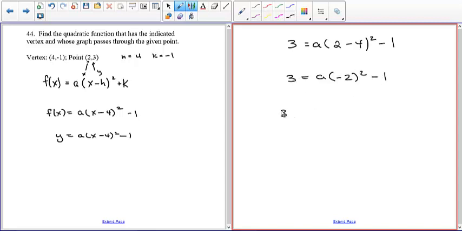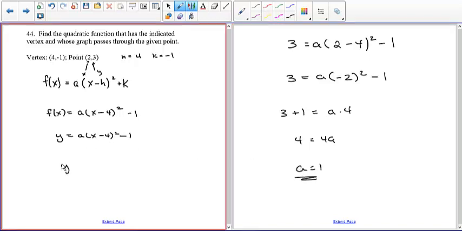So that'll be 3 plus 1 is equal to a times (-2) squared, which is 4. So left hand side is 4. I get 4a, so a is equal to 1. So this is the standard form. So now we can say it's equal to 1 times (x minus 4) squared minus 1, or you can leave off the 1.